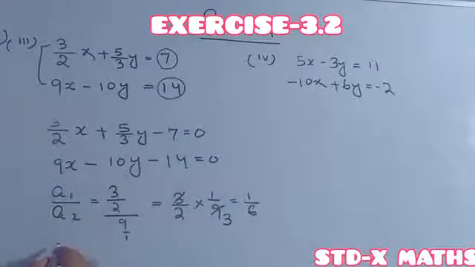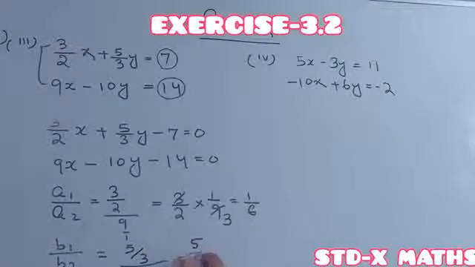Then after that, B1 by B2, how much are we getting? B1 means 5 by 3, divided by minus 10, which becomes 5 by 3 into 1 by minus 10. Here 5 cancels the 10, here it is 2, which becomes 1 by minus 6.